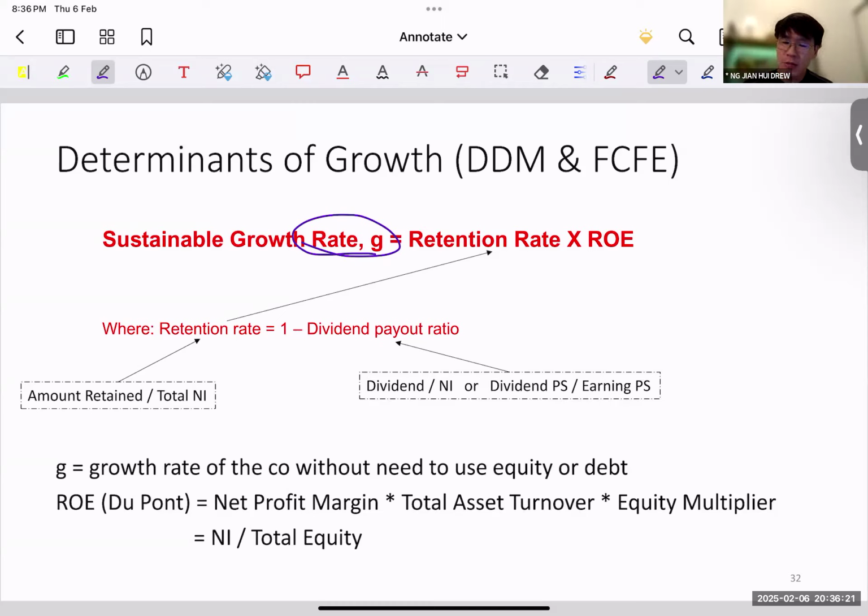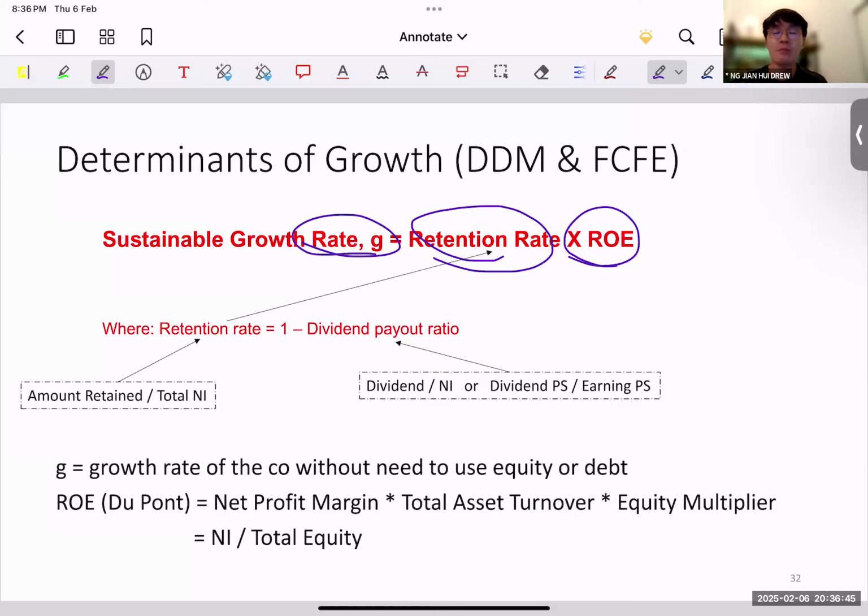When we think about generating growth internally, we think about the retention: how much we retain, and then what the return on equity is. The amount received by the equity holder from the retained amount is your growth rate, which is why growth rate equals retention rate times return on equity.